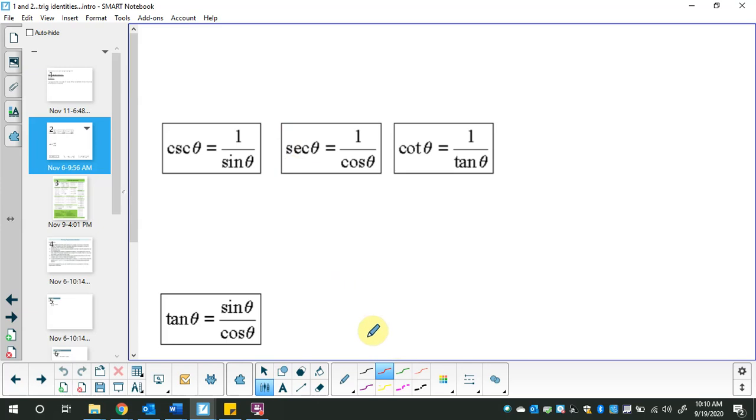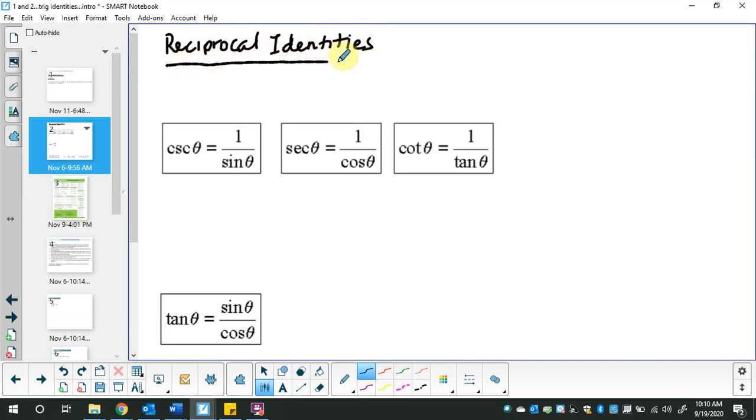So, I'm going to do this stuff in black, and the first ones we're going to look at are the reciprocal identities. So I am going to list 6 reciprocal identities. And it's been a couple of days since I've written on this tablet, so bear with me getting used to it again.